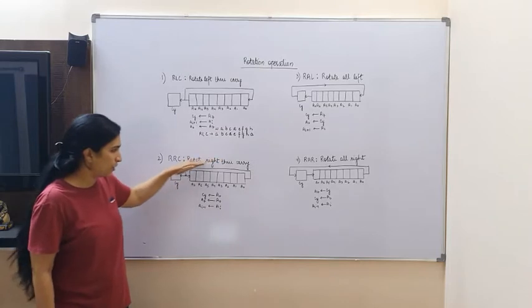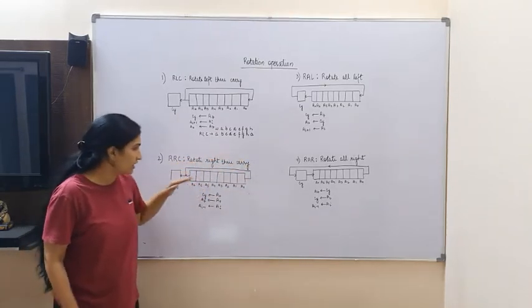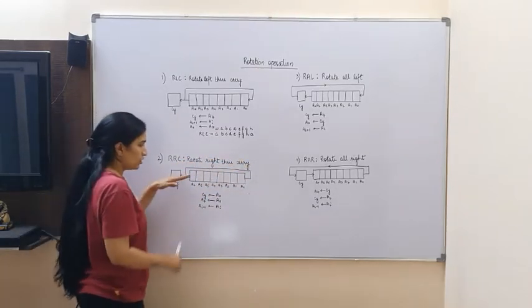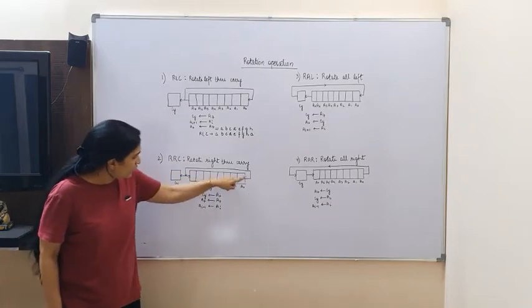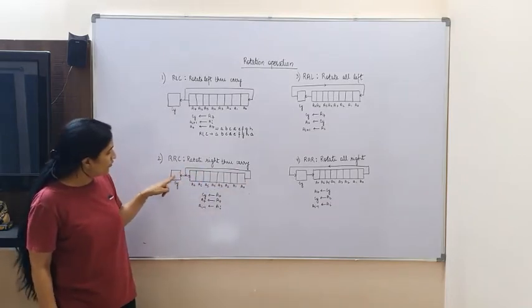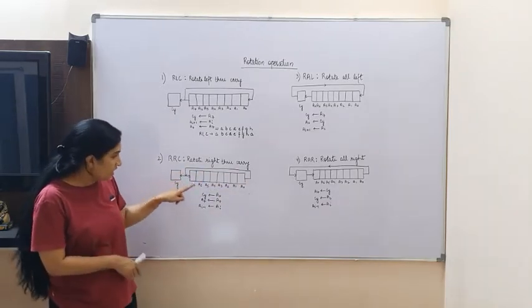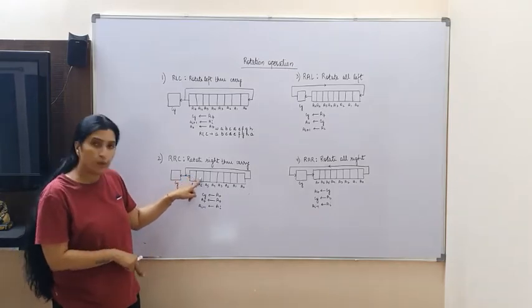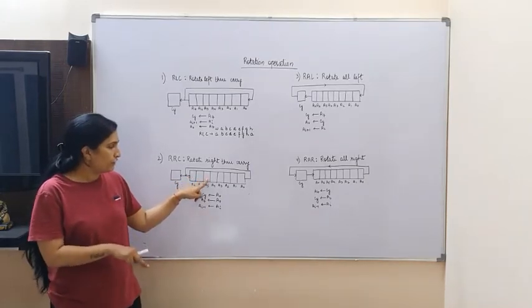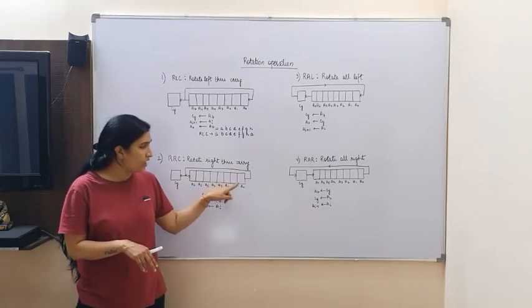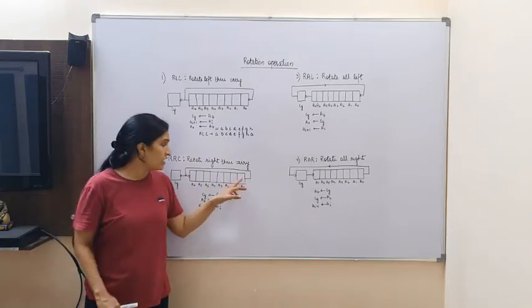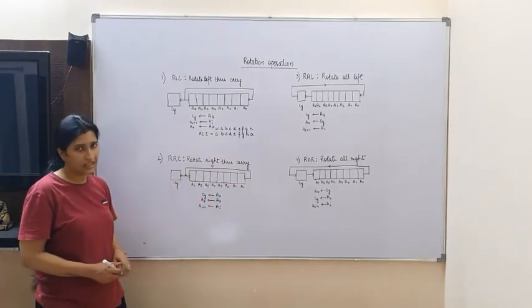This is the right flow of the data. The content of A7 will go into A6, A6 into A5, A5 into A4, A4 into A3, and so on, A1 into A0, and A0 has moved to A7 and carry.